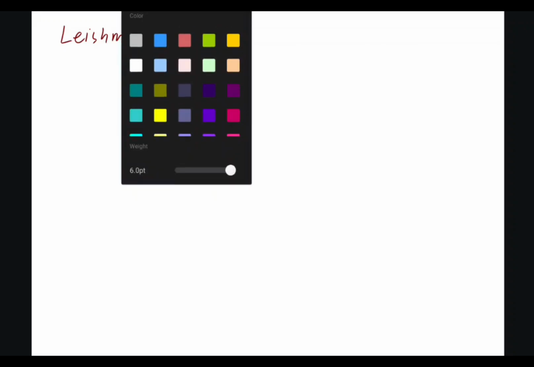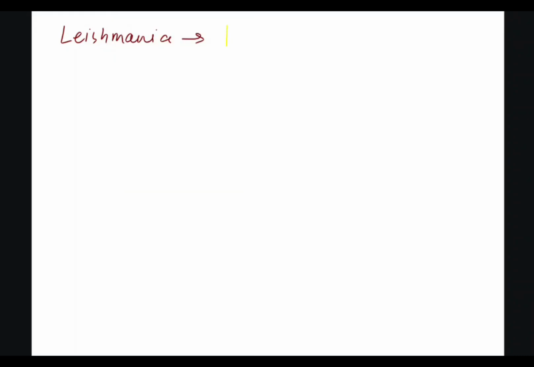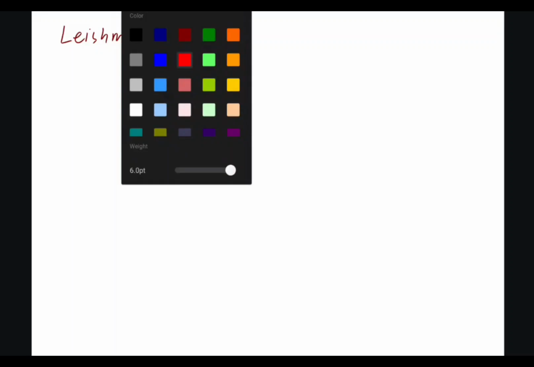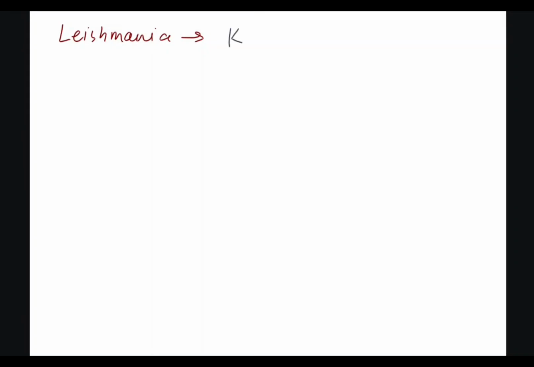But there is one such organism, and that organism is Leishmania. You must have heard the name Leishmania. It causes a dreadful disease, and for the disease we should pick out some bright color. The disease it causes is Kala Azar, right?